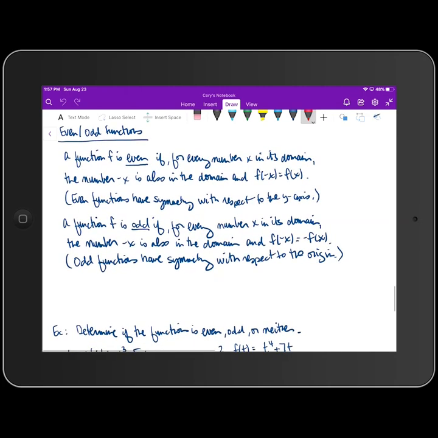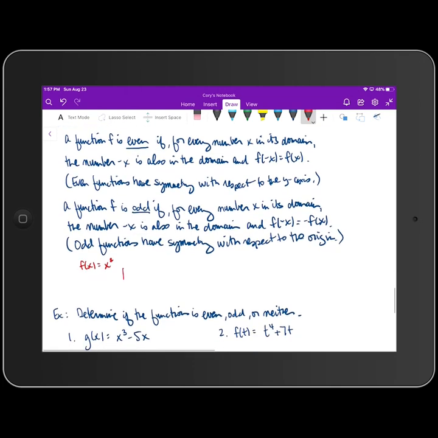Okay, so real quick, an example of an even function. We have the function f of x equal to x squared. We know graphically that that's a parabola whose vertex is at the origin and opens upward. And that graph has symmetry with respect to the y-axis. You get an equal image on each side of the y-axis.